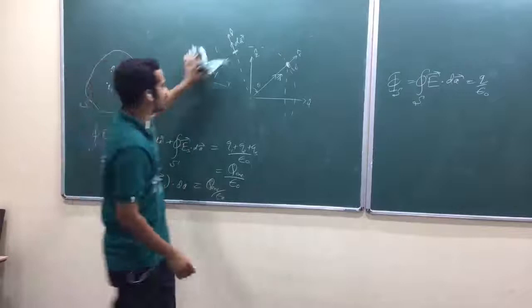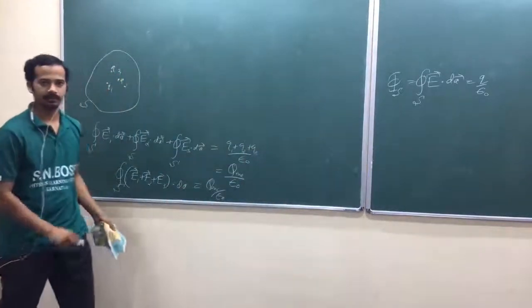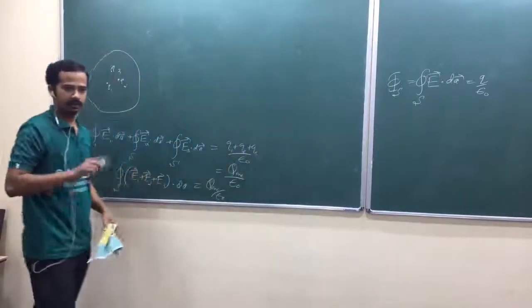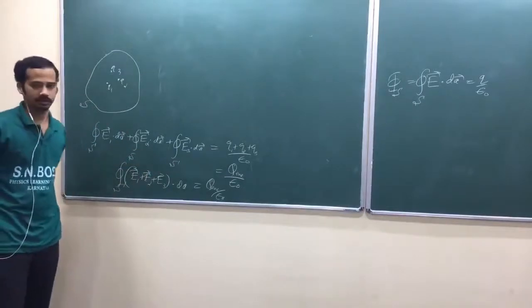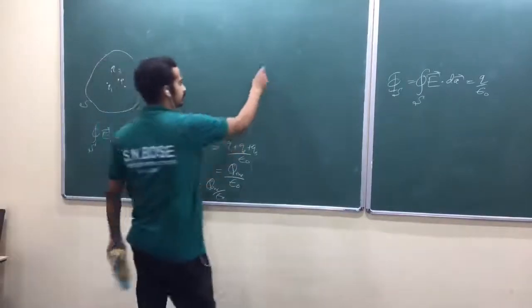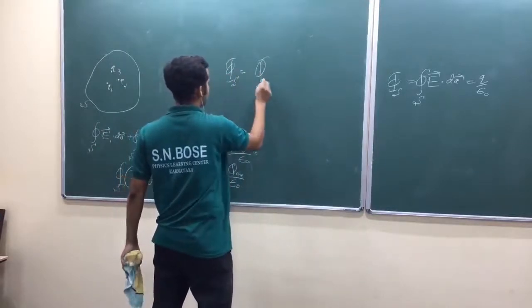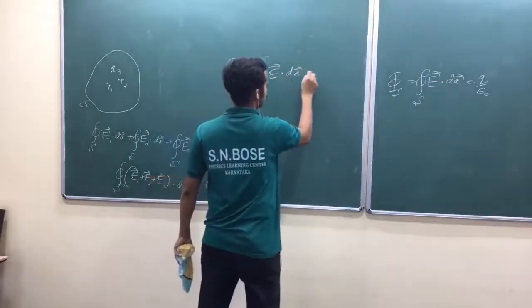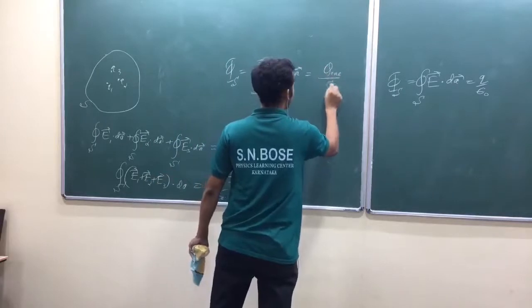Now I can generalize this. What is this? Net electric field, am I right? So find the net electric field over the surface and surface integrate that throughout the closed surface. That's equal to Q enclosed by epsilon naught. So the net flux through the surface, E bar dot dA bar, is equal to charge enclosed by epsilon naught.